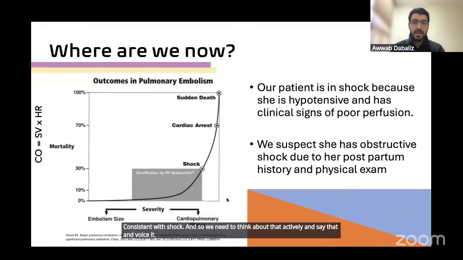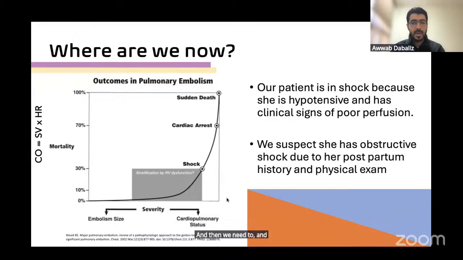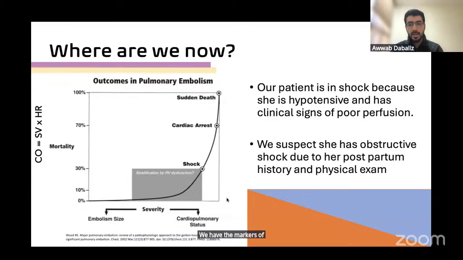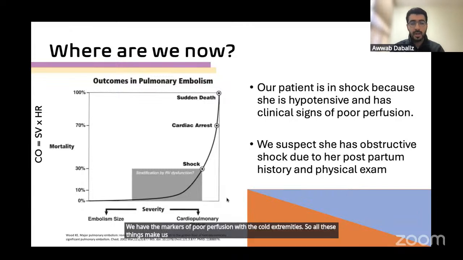And we have evidence of that. We have signs and symptoms like hypotension, tachycardia. We have markers of poor perfusion with a cold extremity. So all these things make us sure that this patient is presenting in shock.